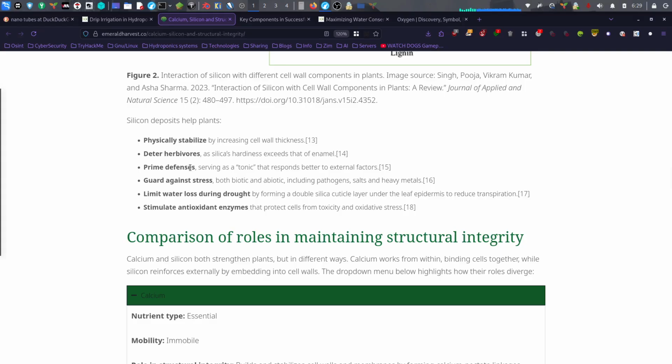Guard against stress, both biotic and abiotic, including pathogens, salts, and heavy metals. Limit water loss during the day by forming a double silica cuticular layer under the leaf epidermis to reduce transpiration. Stimulate antioxidant enzymes that protect cells from toxicity and oxidative stress.